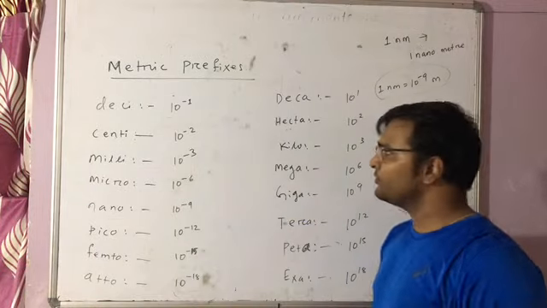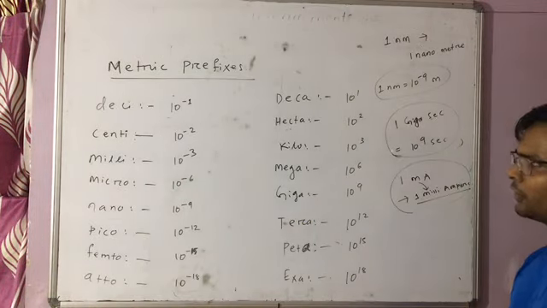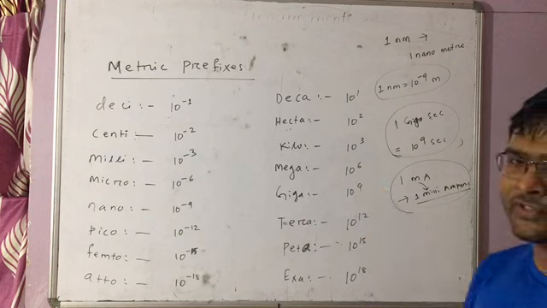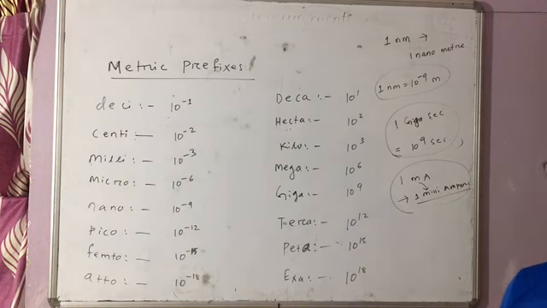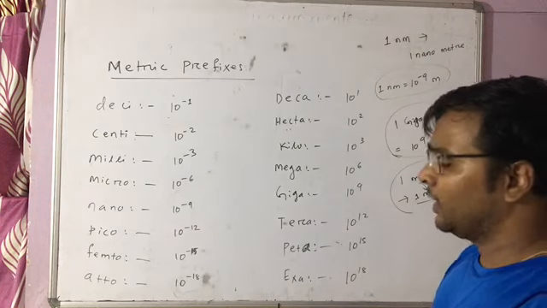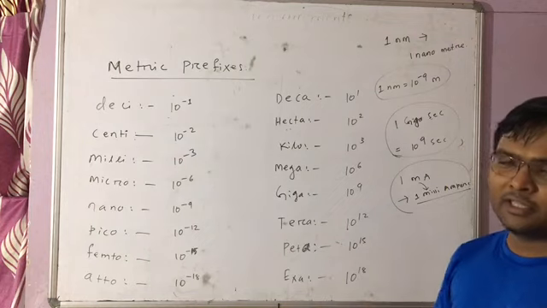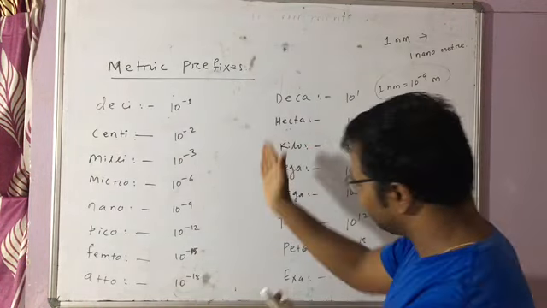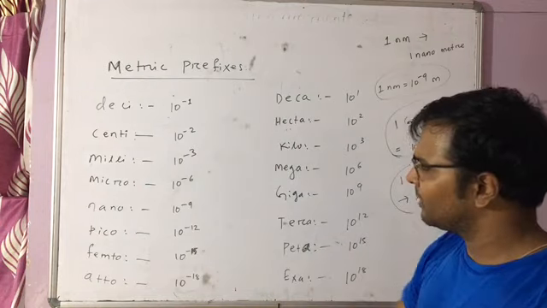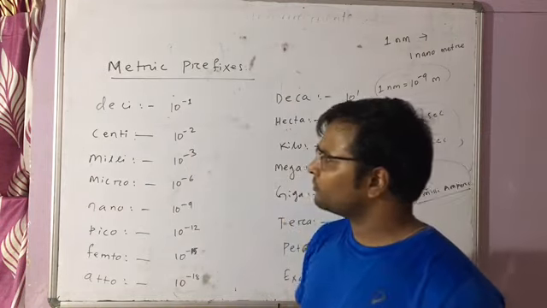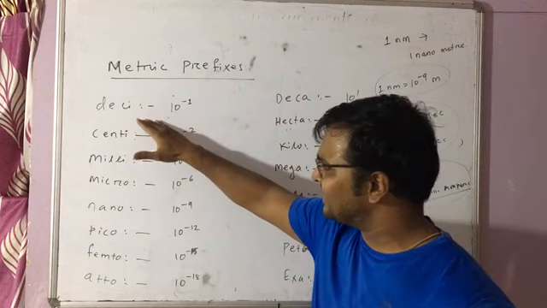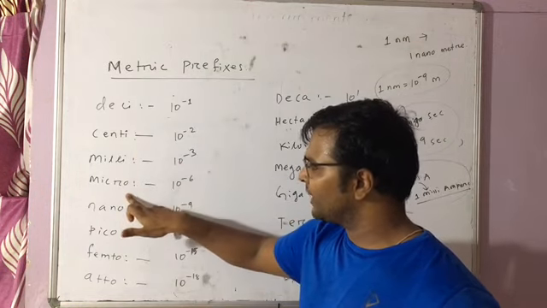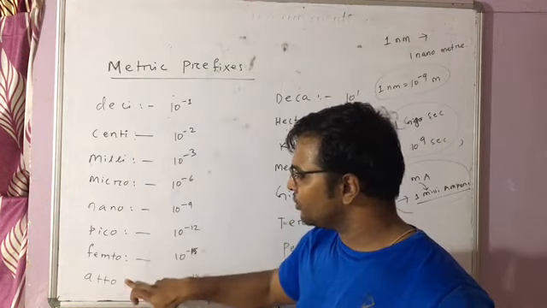And dear students, this is also helpful for you while dealing with physics calculations, because we are going to use these prefixes before some of the units. The prefixes are: deci, centi, milli, micro, nano, pico, femto, atto.